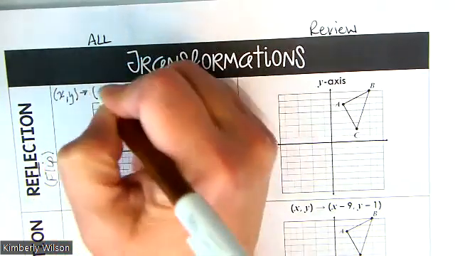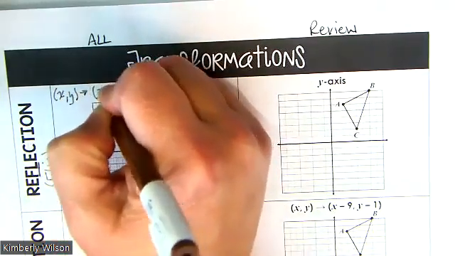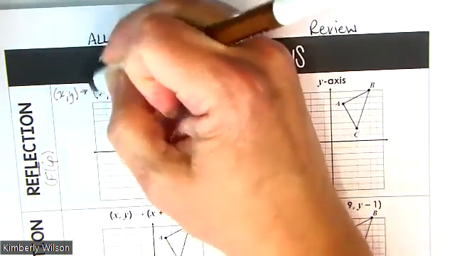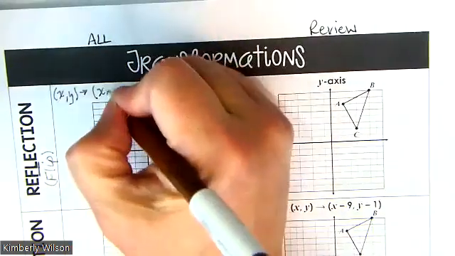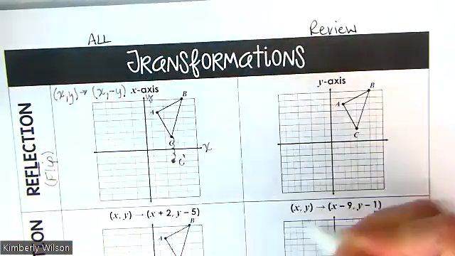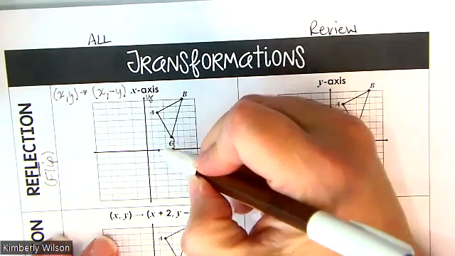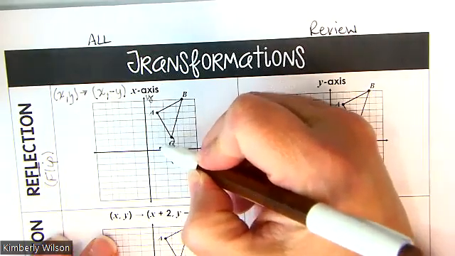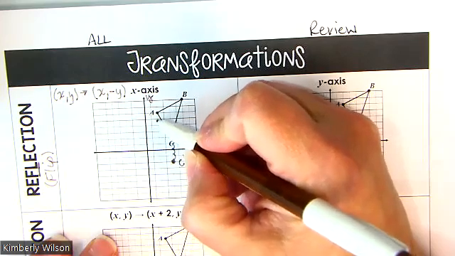What happens is the x stays the same, the y becomes the opposite, which we write as negative the y value. So right now, A is at 2. It's going to stay at 2. It's currently at 6: 1, 2, 3, 4, 5, 6.